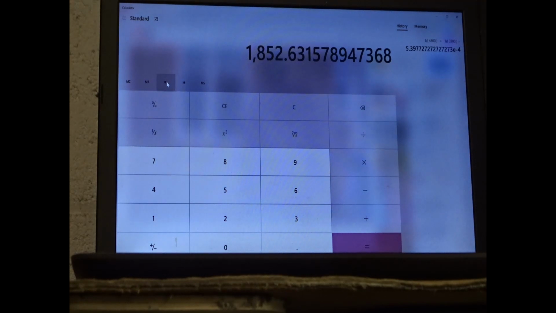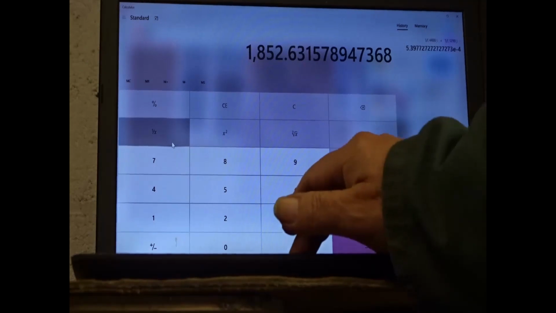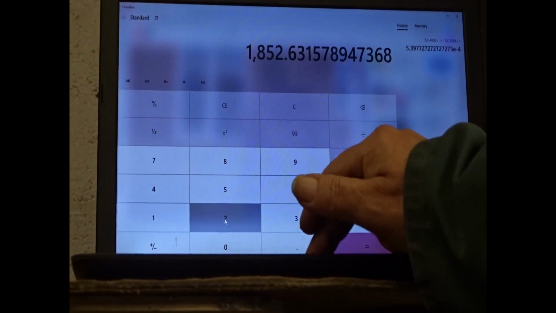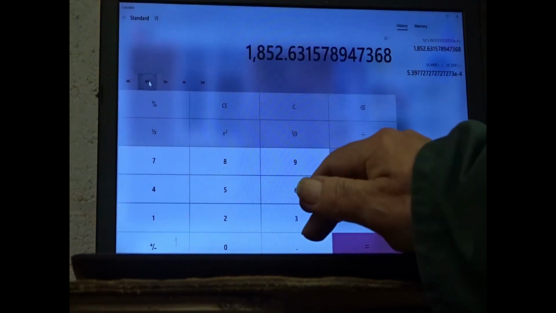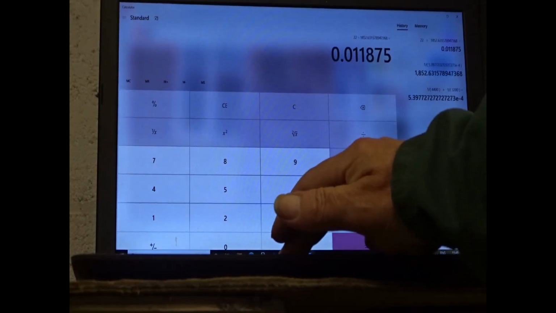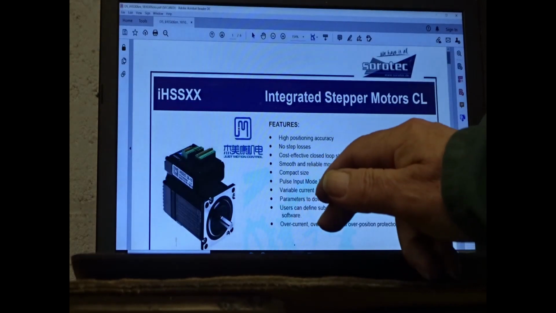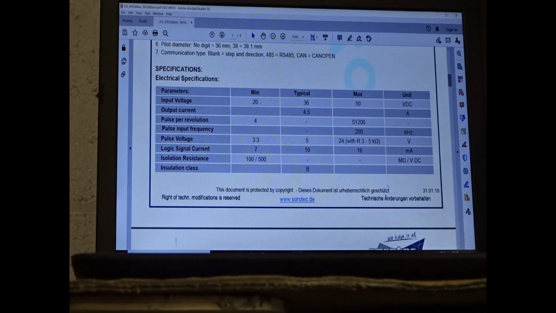Now pull minus, I'm getting 22 volts nominal. So if I put in 22 and divide that by memory recall, that gets us 11.875 milliamps, which is within range. 7 to 16 milliamps.